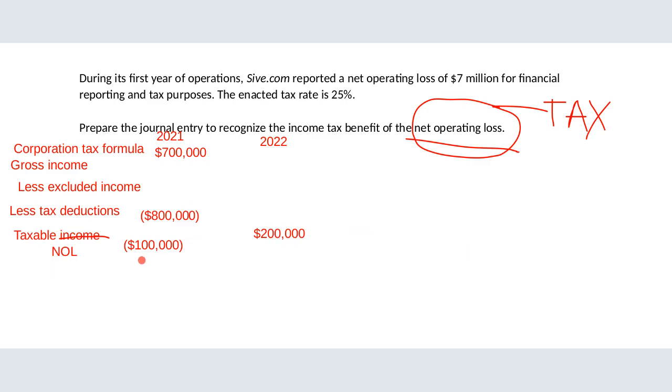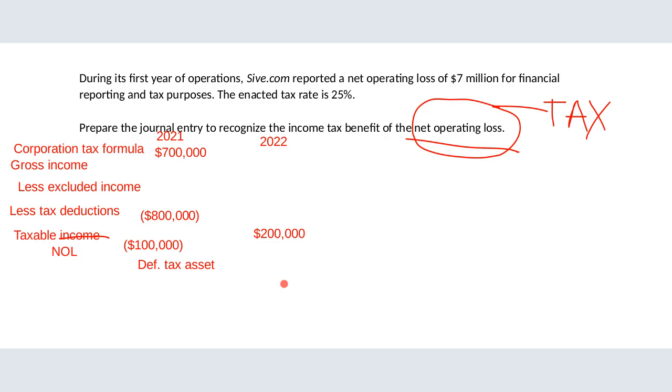So we're going to benefit from this net operating loss because it represents future deductible amounts. Then this is going to be a deferred tax asset. Of course, we hope that in the future we're going to take advantage of this before it expires, which is 20 years. Therefore, this is a deferred tax asset.